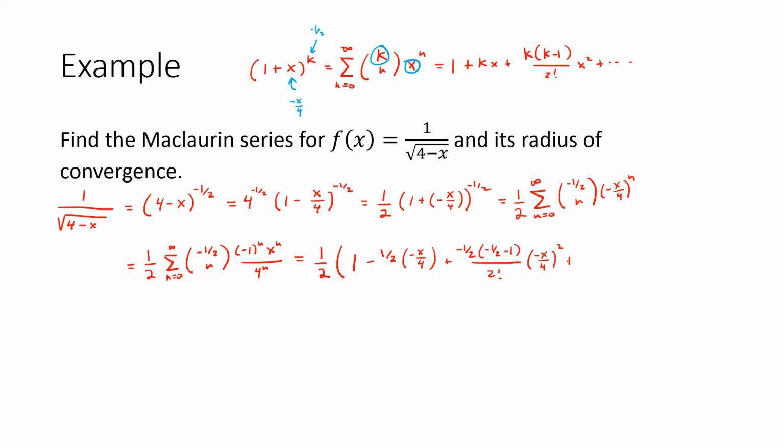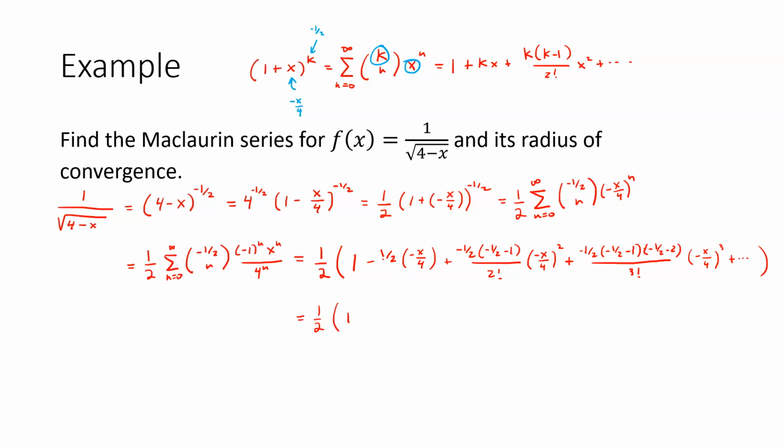And then the next one would be negative 1/2 times negative 1/2 minus 1 times negative 1/2 minus 2, over 3 factorial, and then negative x over 4 cubed. So you can see the terms are going to get a little more complicated as they go, but at least the first few terms we could simplify pretty nicely. So let's see what they simplify to.